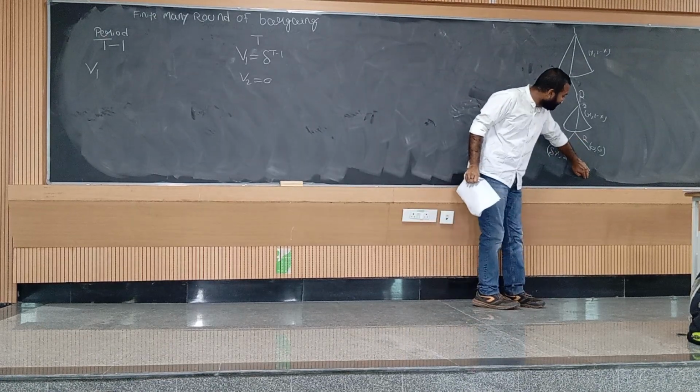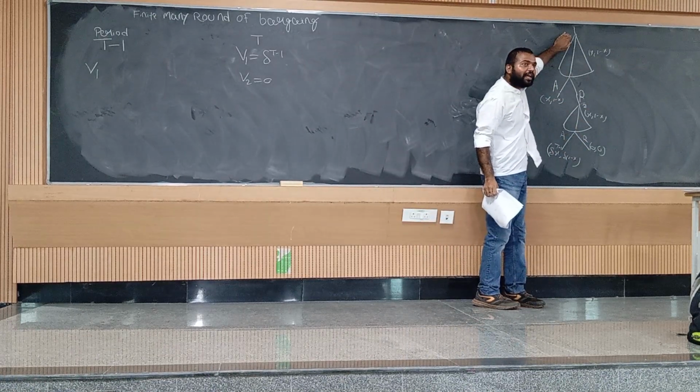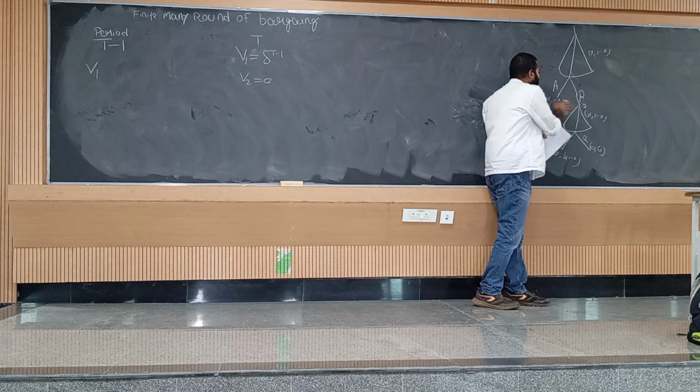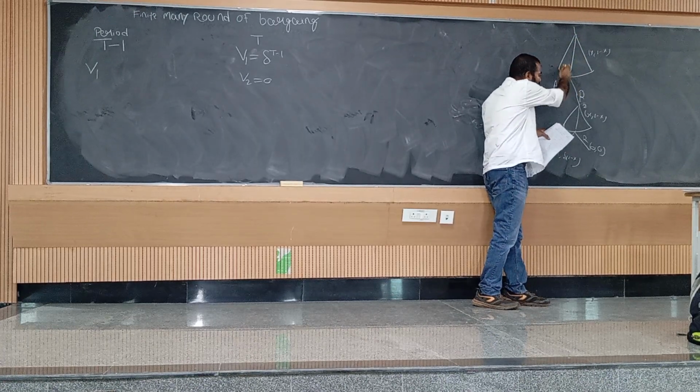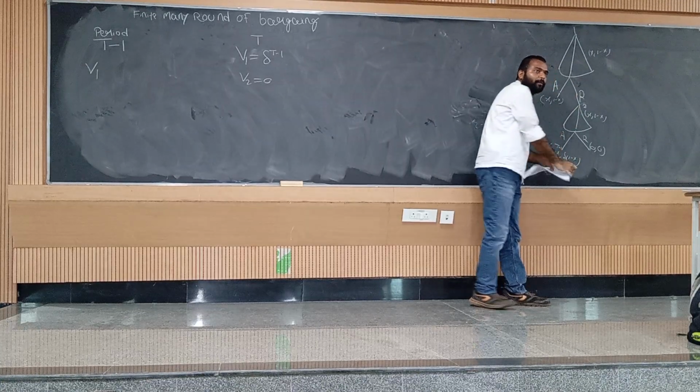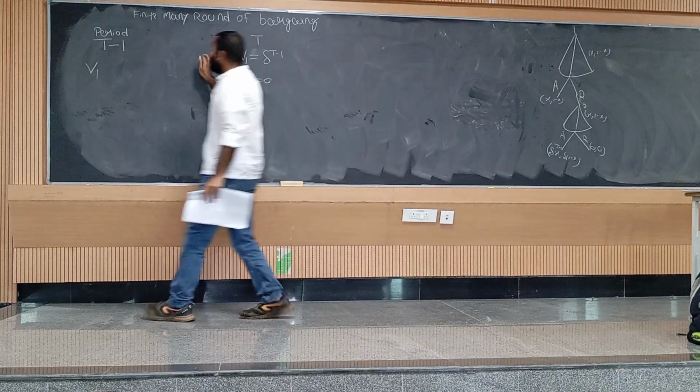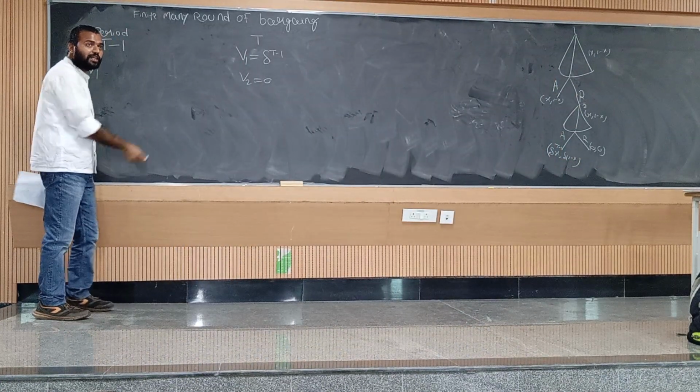We'll go from period T to the first period and try to find out what should be the proposal here so that the game does not go to period T. You know what I'm saying? So that's why we are starting backward induction at period T.